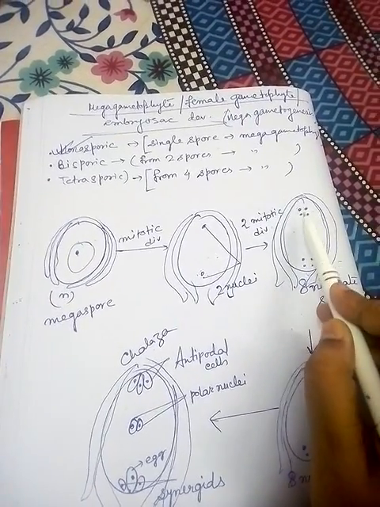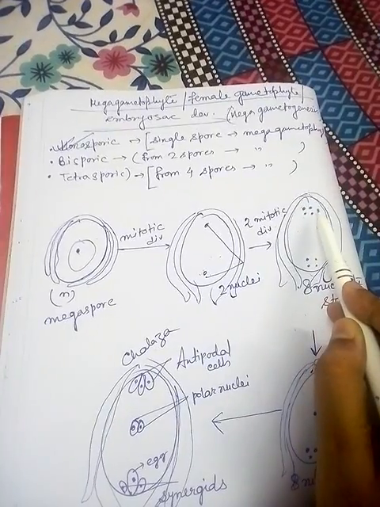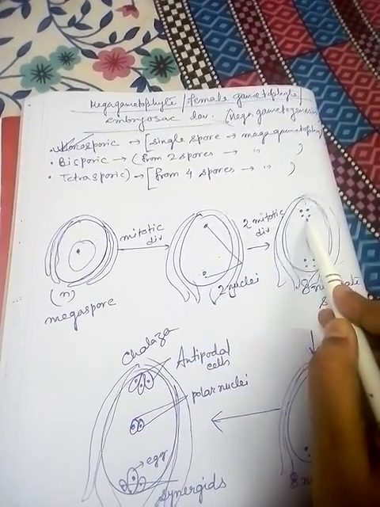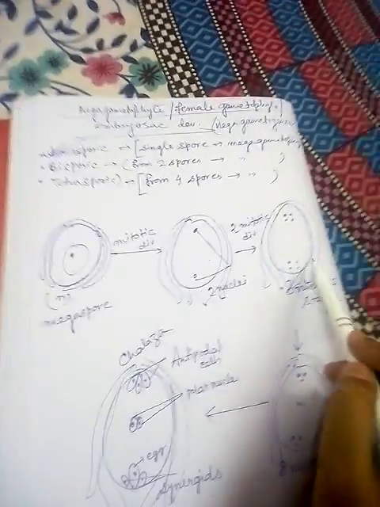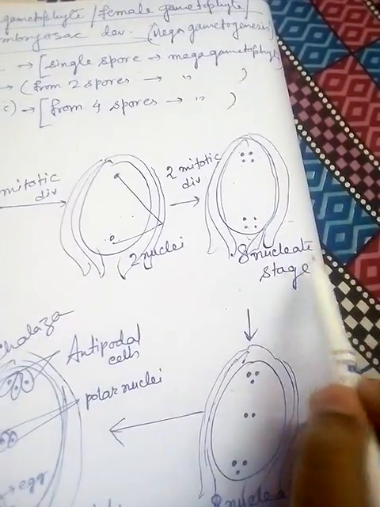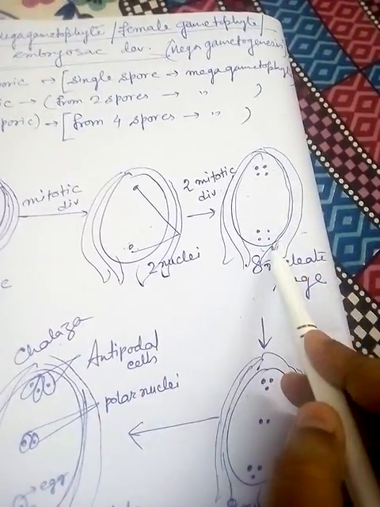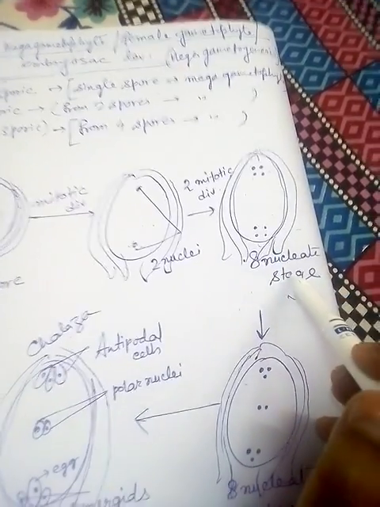So from one, first two nuclei, then after the second mitosis, four nuclei at each pole. This is now the 8 nucleate stage, with 4 nuclei at each pole.